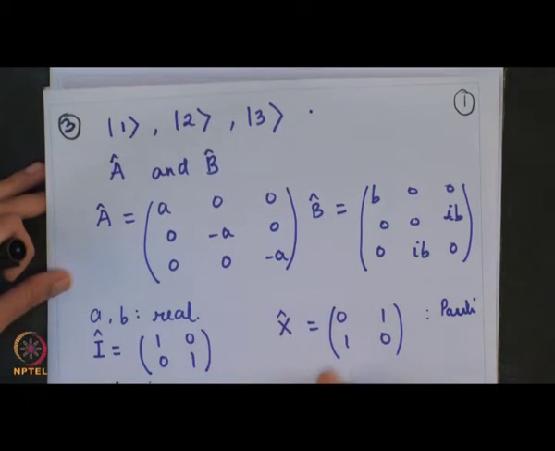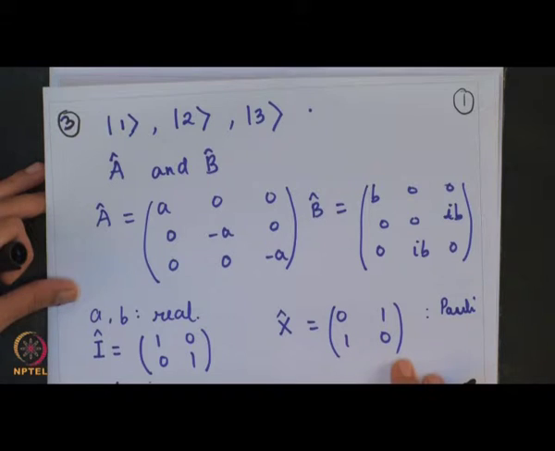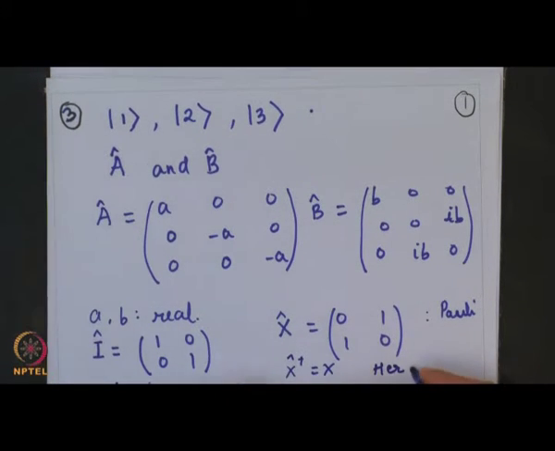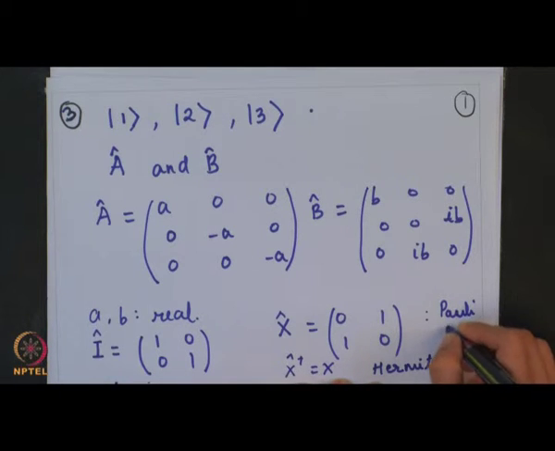You can see that x is a Hermitian operator: if you take x dagger, it will be equal to x. So x is Hermitian, and this is a Pauli matrix.